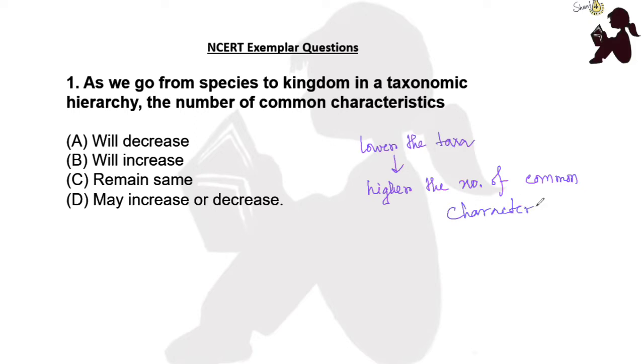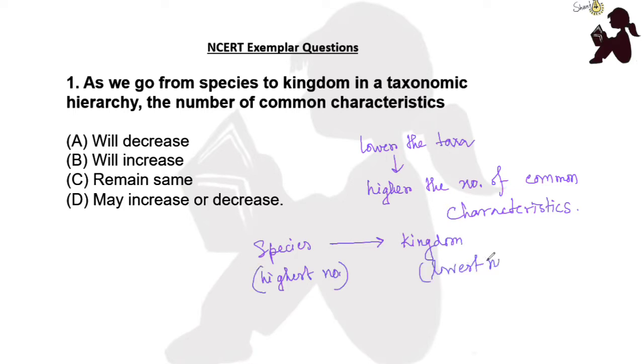So, as we go from the species to the kingdom, the species has the highest number of common characteristics and the kingdom has the lowest number of common characteristics. So the number of common characteristics will decrease, and option A is correct. Let's move forward to the next question.